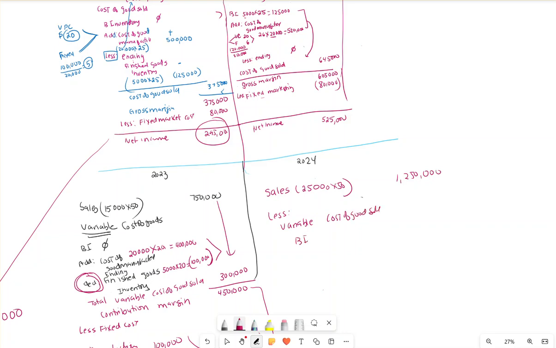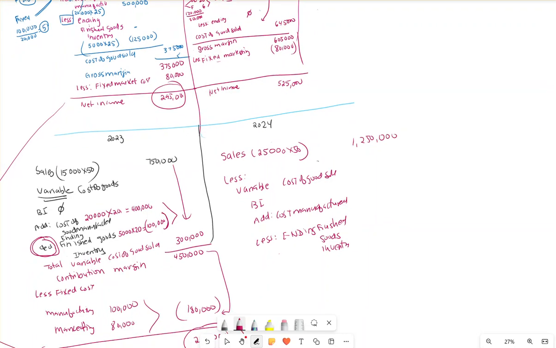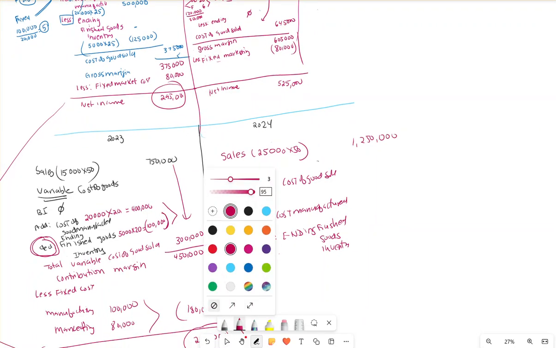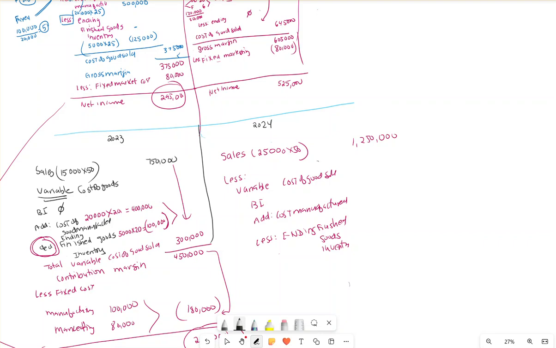We have a beginning inventory, add your cost of goods manufactured, and less my ending finished goods inventory. So the ending of one year becomes the beginning of the next year. In this case, we are going to start with the variable.